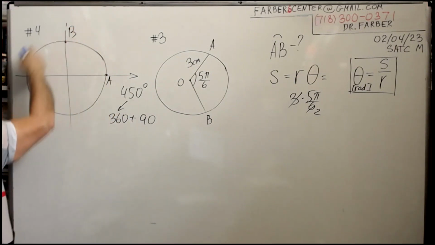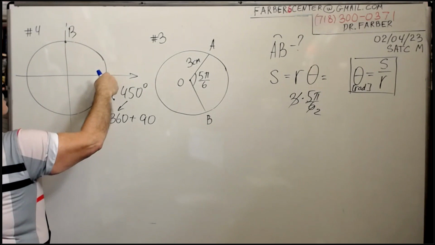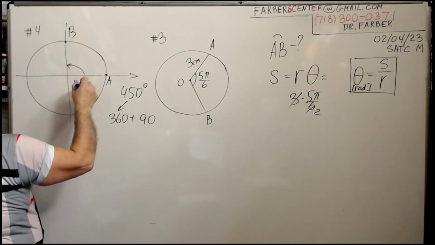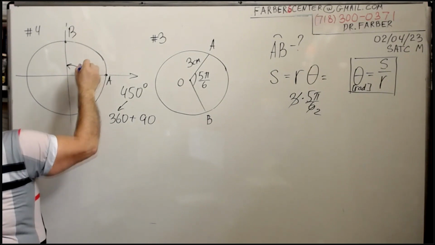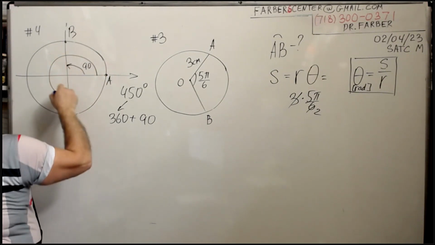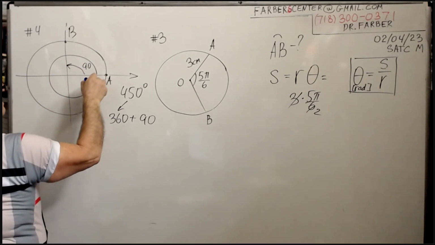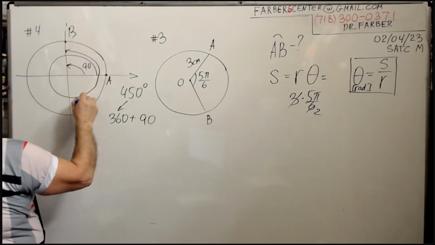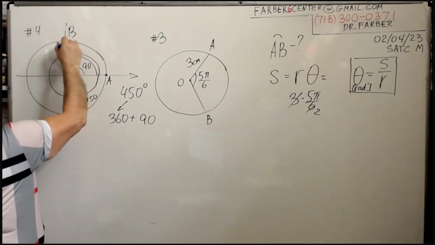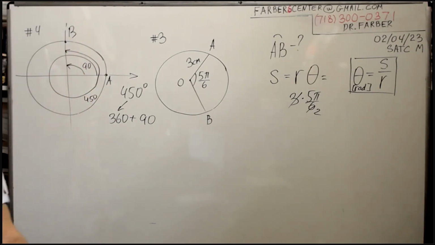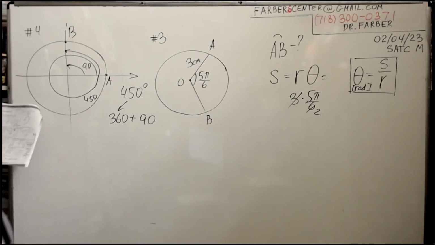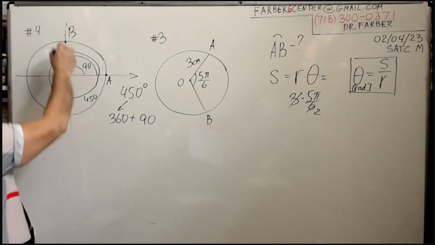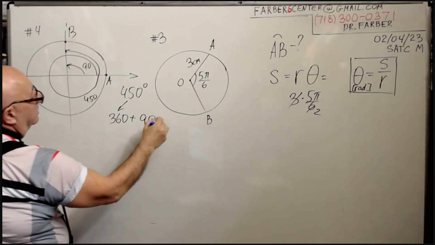So I make one revolution, which is 360, and plus 90. And this is theta, which is 90 degrees. And this theta is 450 degrees. But we get to the same point. And it asks which of the following angles have the same trigonometric values. Since this is the same angle, the answer is 90 degrees.